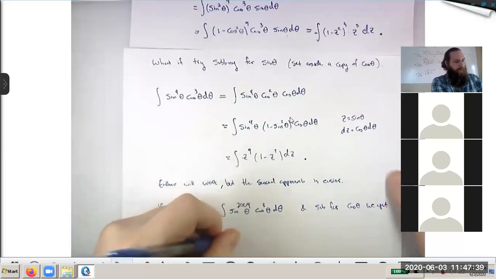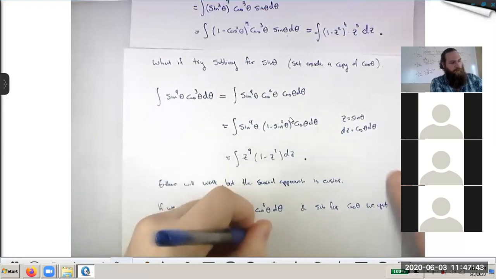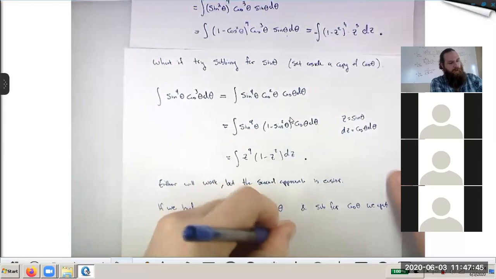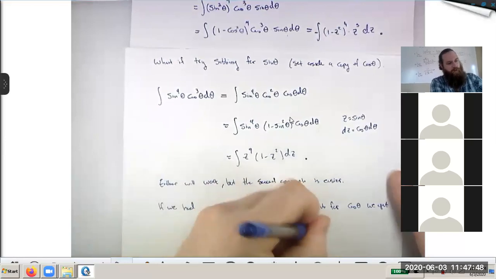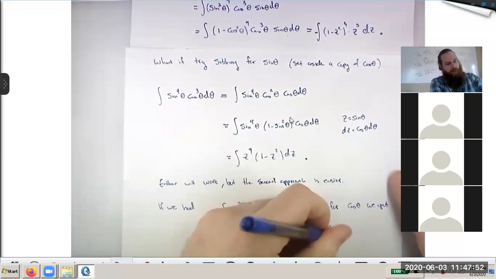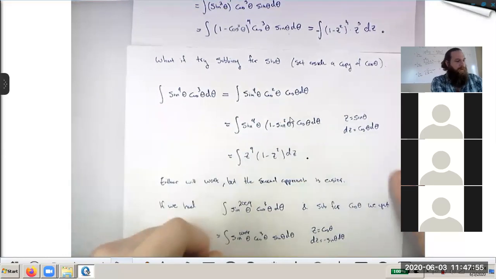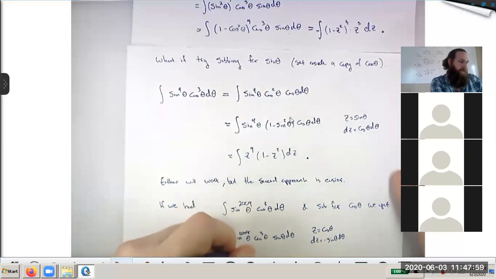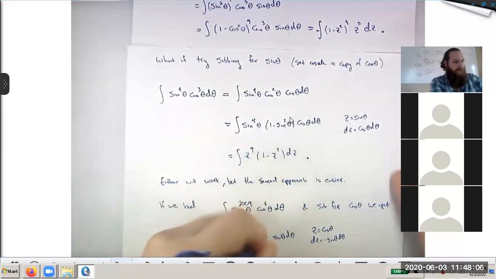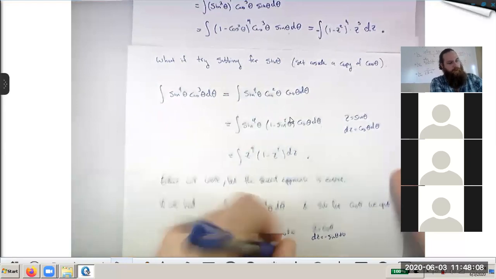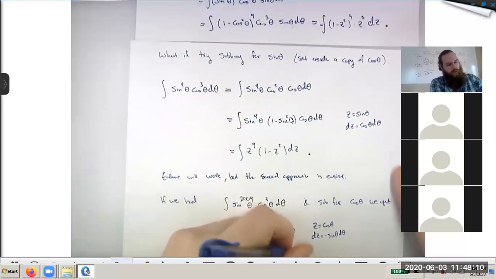We'd have sine 2008 theta cos cubed theta sine theta d theta, z equals cos theta, dz equals negative sine theta d theta. So this would have to be sine squared theta raised to the 1004 times cos cubed theta times sine theta d theta.